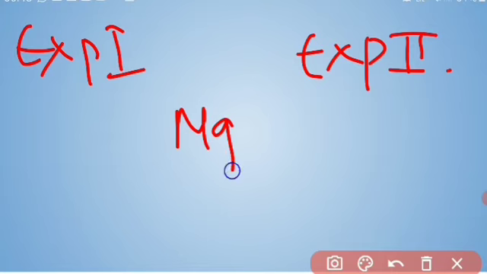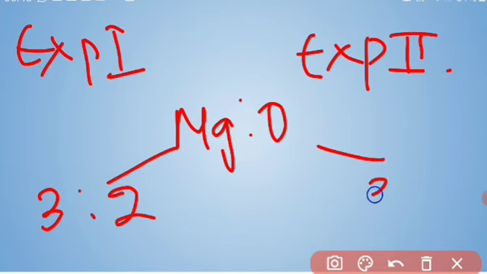Here, in experiment 1 and in experiment 2, the magnesium to oxygen ratio was 3:2. This is nothing but the law of definite proportion, which states that any chemical compound, no matter from whichever source it is obtained, will contain the same elements combined together in the same fixed proportion by mass.